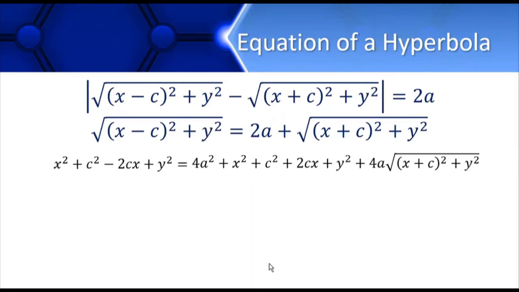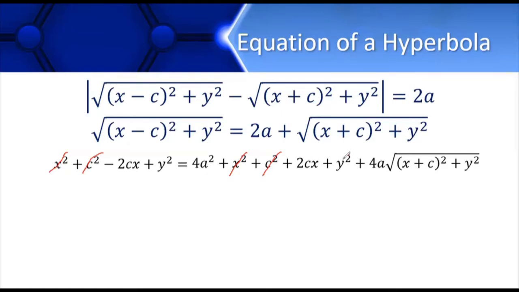Then mapapansin mo ay meron tayong mga kailangan ma-eliminate, no? Mababawasan na yung ating long equations. Let's say kagaya ng x square, ma-eliminate na yun. Ma-eliminate na rin ang c square. Meron pa ba?